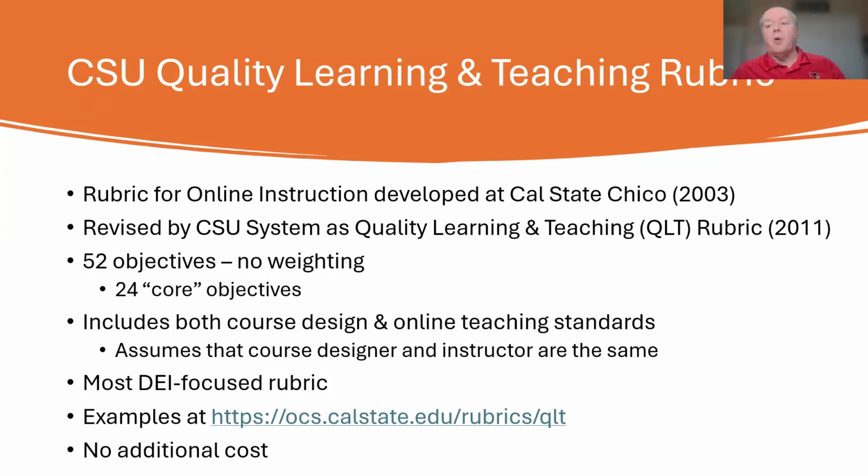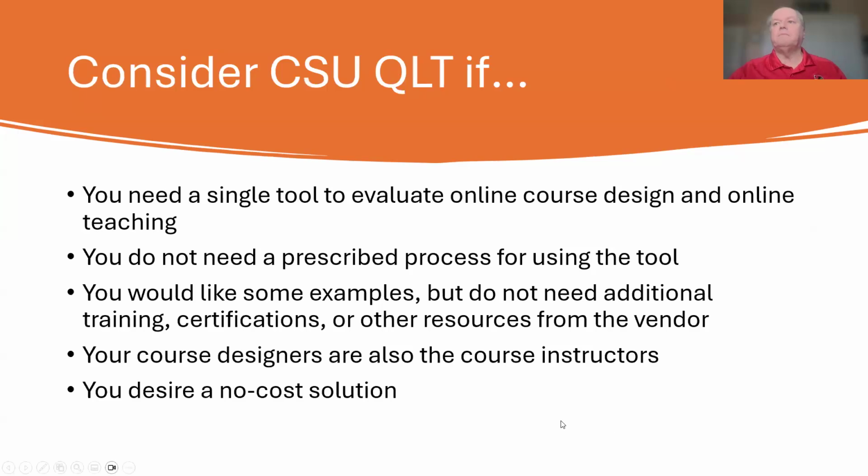They provide examples of how the rubrics are used and scored at ocs.calstate.edu. Again, like Anthology, you can access the rubric there. You can see the examples, but you don't have to follow them. You can use this rubric however you want, and it will not cost you anything.